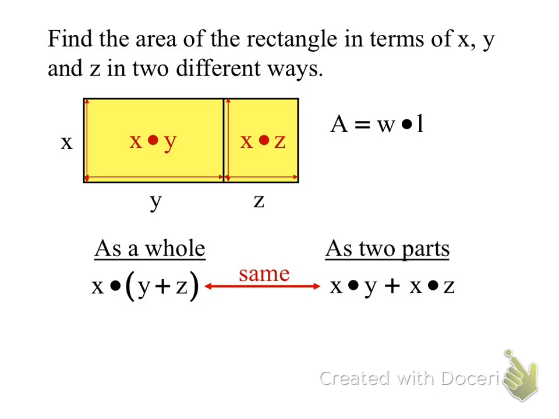And when I simplify, I'll get the same amount. X times y makes xy plus xz, and this becomes xy plus xz. We're done. Do not simplify this. You cannot combine those terms. We'll talk more about that later.